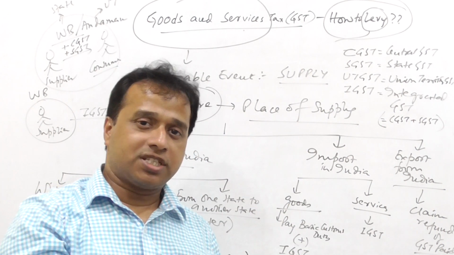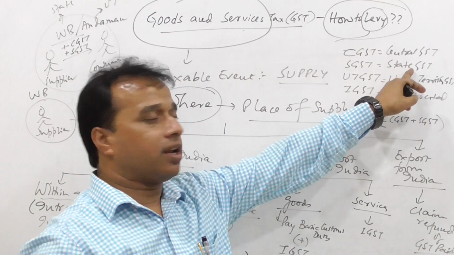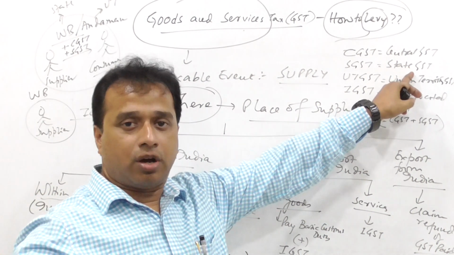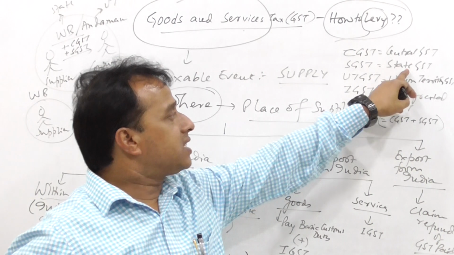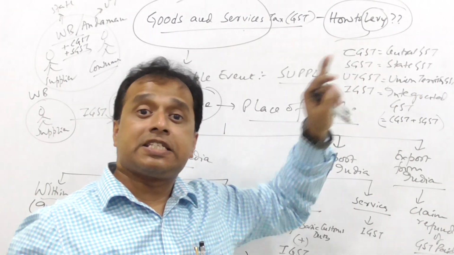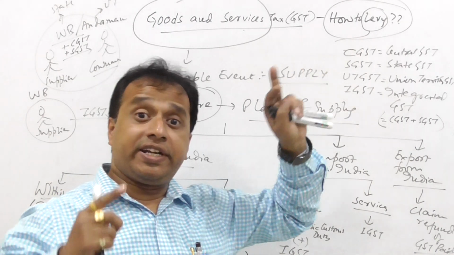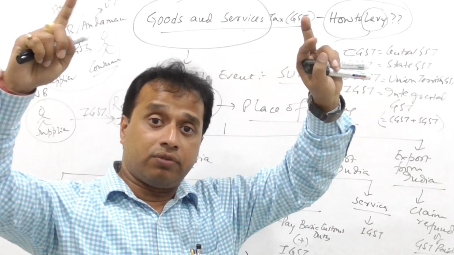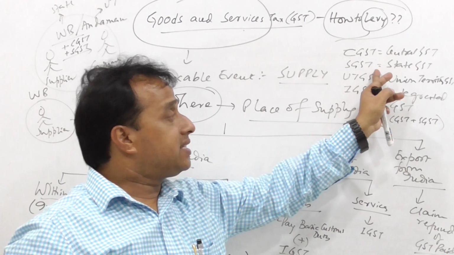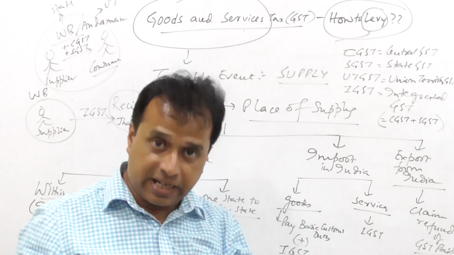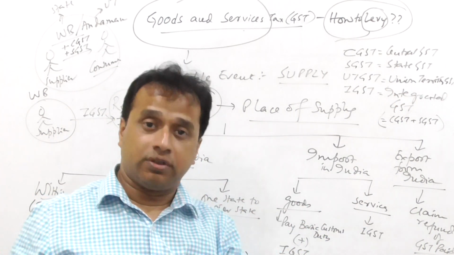Okay? SGST portion is economics, but still you should know, SGST portion is to be taken by the state. CGST will be taken by the central. I repeat once again, SGST will be taken by the state or given back to the state.